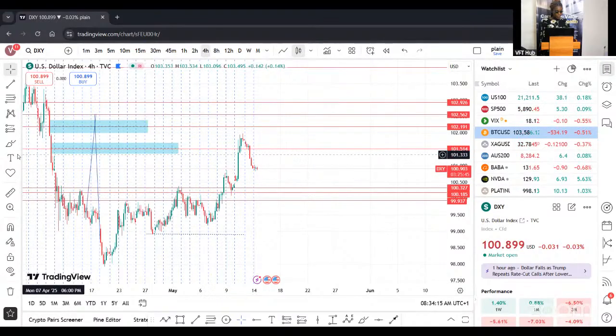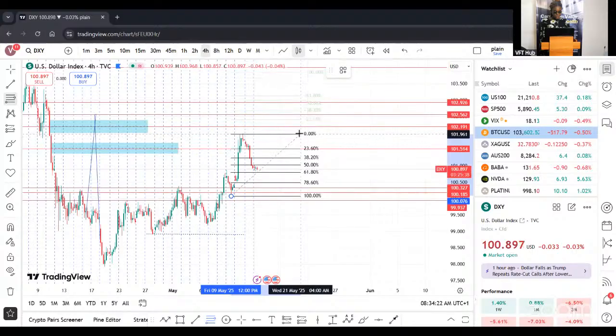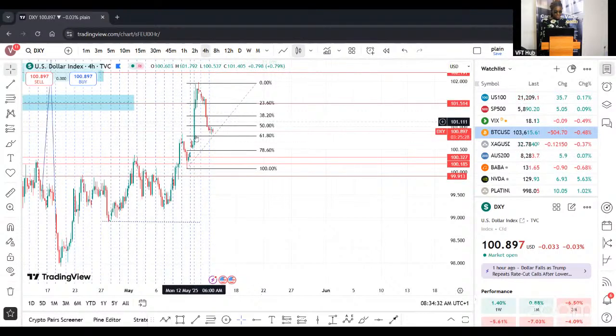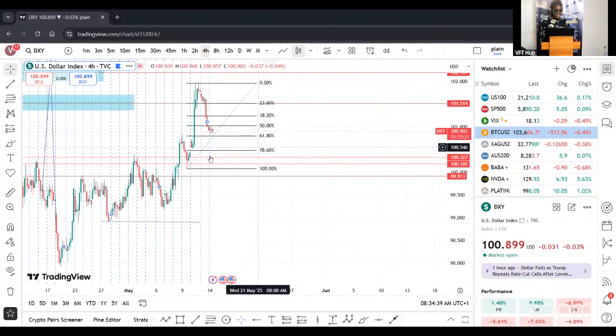Until that happens, I may just be interested in continuing the buy on DXY. Fibbing from point A to point B, price is presently at the 61.8% fib level, and we may see more reaction to the upside, filling up this fair value gap and gaining strength off that level all the way to the upside.